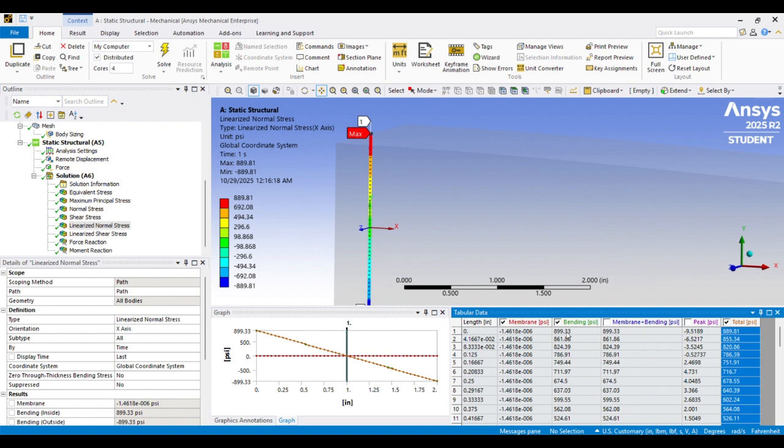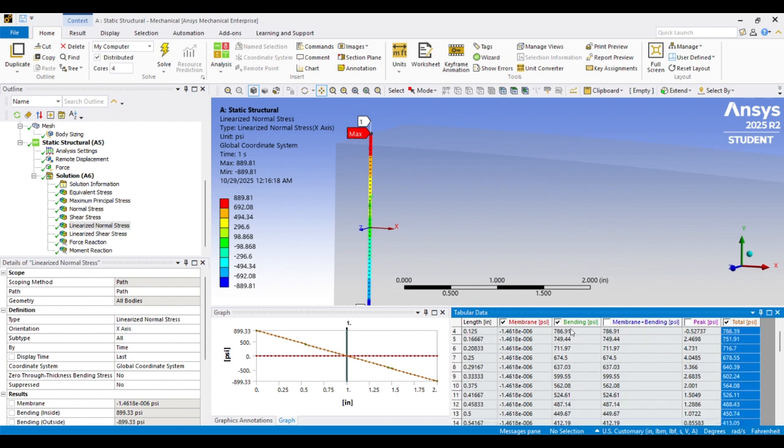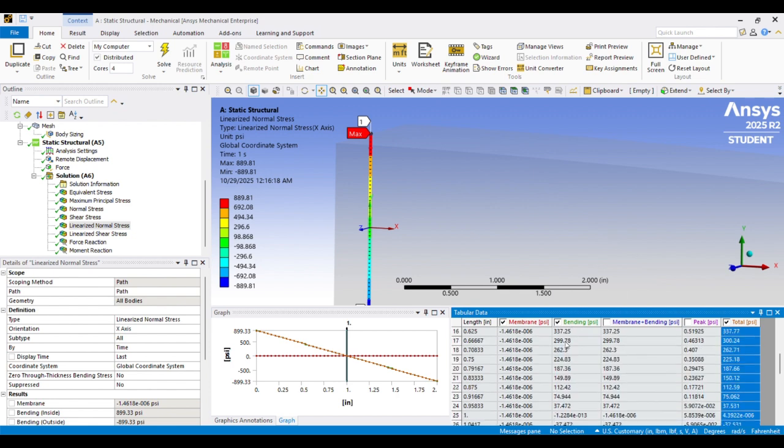At the outer edge of the beam, we're getting 900 psi, and then it should go to 0 at the center of the beam. So right here at 1 inch, we see that it goes to 1e-13. So that's very small. So that's 0. So there's no bending stress in the center of the beam.